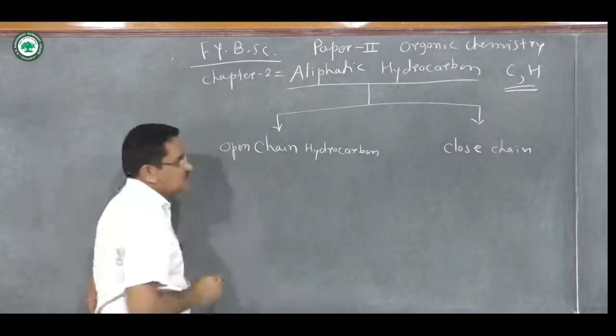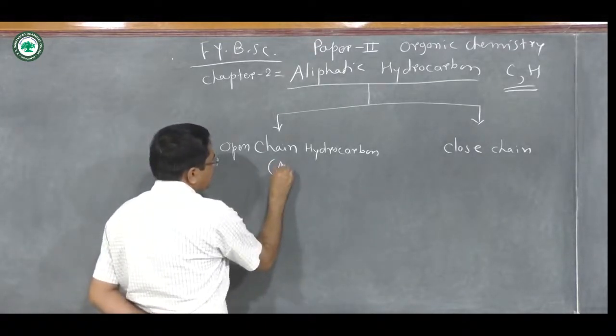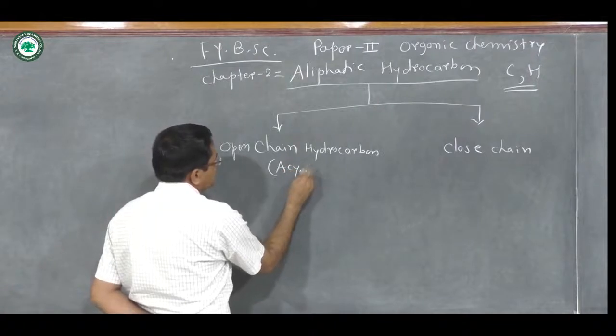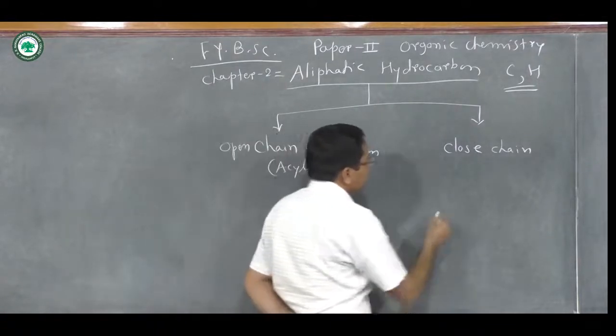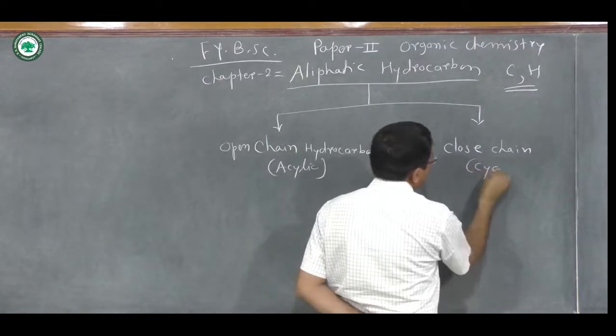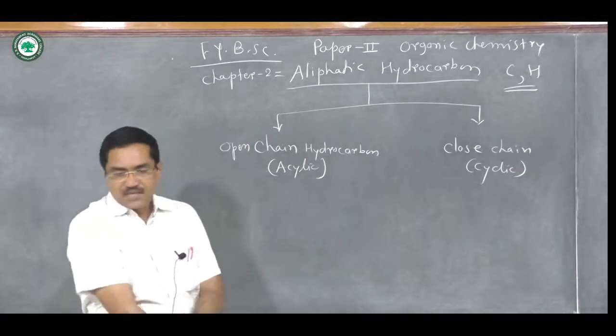This open chain hydrocarbon is called acyclic hydrocarbon and this is called cyclic hydrocarbon.